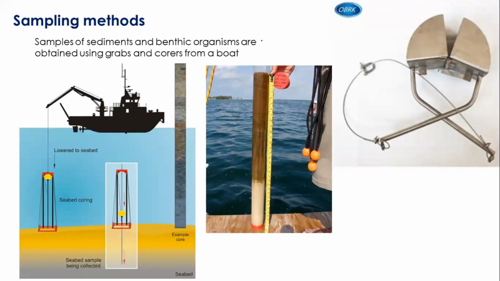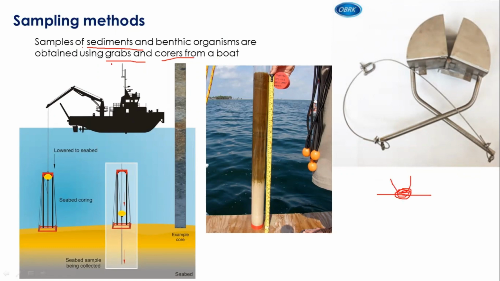But what if you want to study the bacteria present in the sediments? For that purpose, you have grabs and corers. The grab looks something like this. If it is a sediment, you put your grab here, and it will collect the sediment of this particular area.